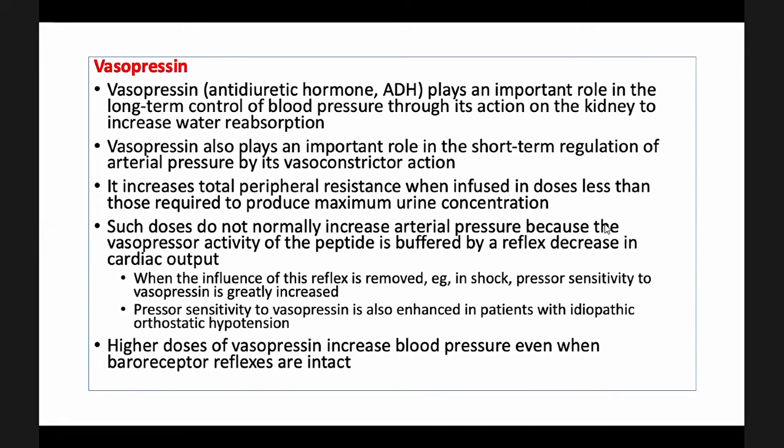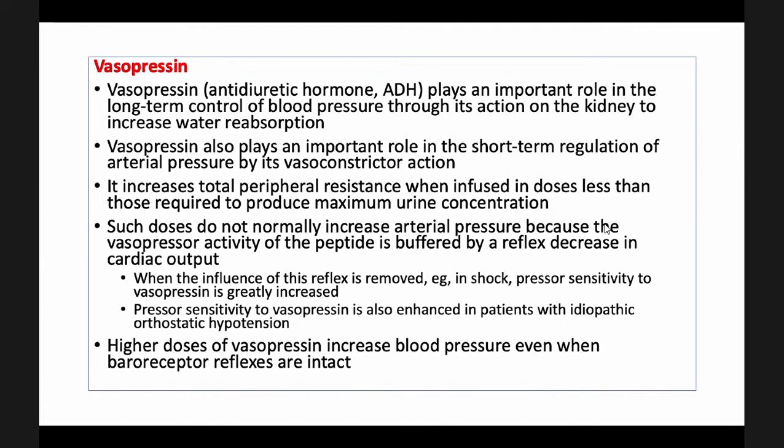It also plays a role in the short-term regulation of arterial pressure by its vasoconstriction action. It also increases total peripheral resistance when infused in doses less than those required to produce maximum urine concentration.